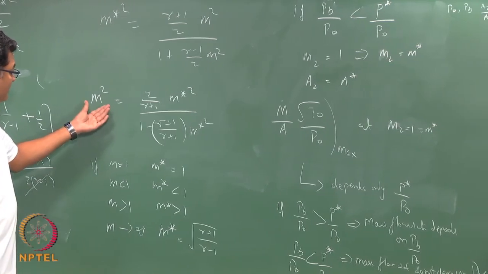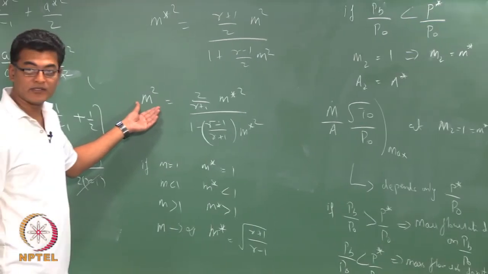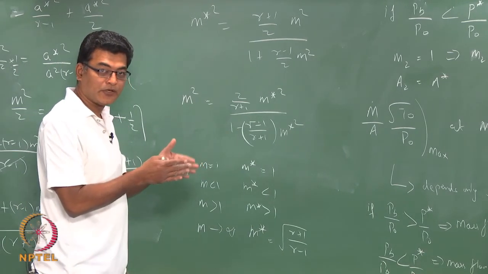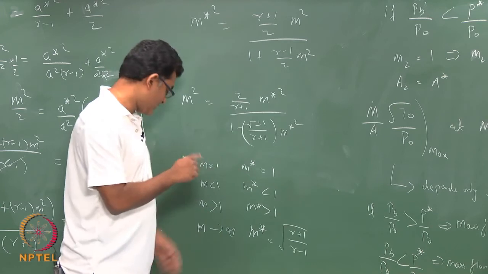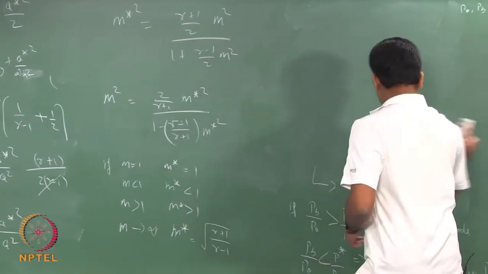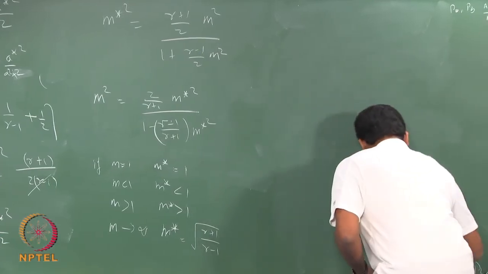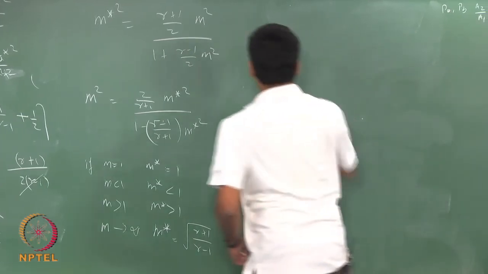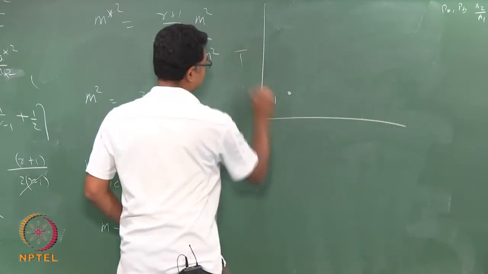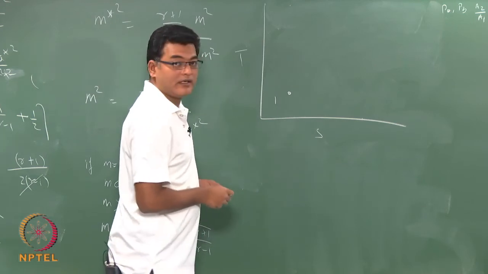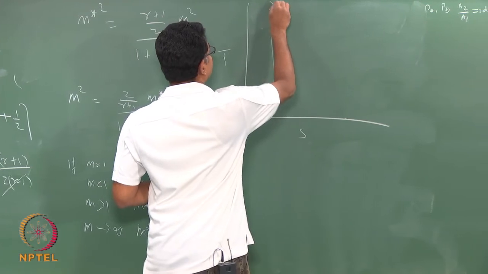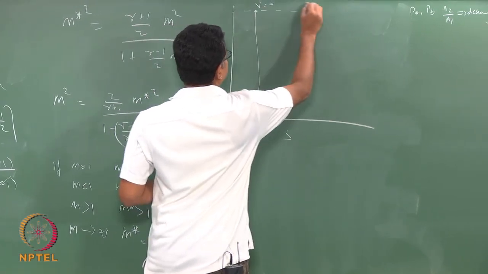So what does this mean? If I have a fluid at M equals some value, I do an isentropic process to take it to M equals 1, and the Mach number there is my M star. So in the TS diagram, I have a state 1 here, I do an isentropic process such that the velocity 0 is my stagnation state.